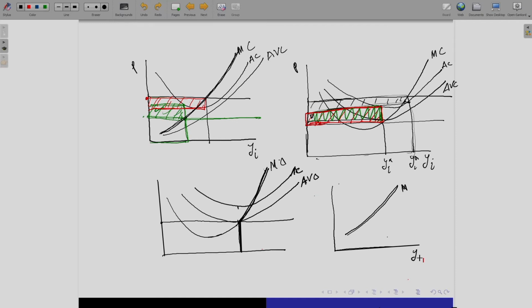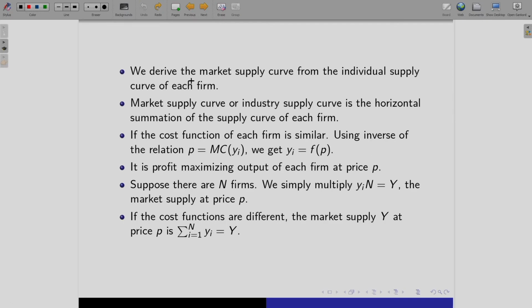Okay, if this is the output, so the supply curve of a firm is this. Now today, what do we do? We start to derive the market supply curve. How do we get the market supply curve?